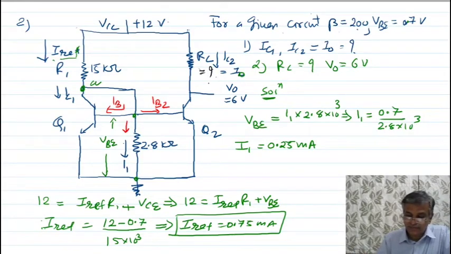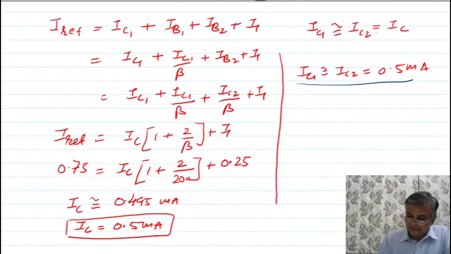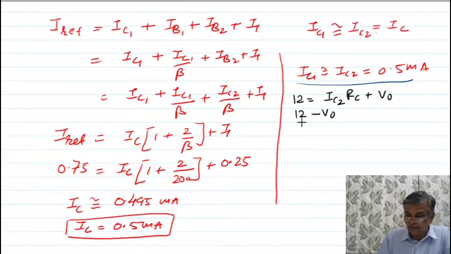So 12 voltage is equal to IC2 into RC plus VO. This is your 12 minus VO upon IC2 is equal to RC.